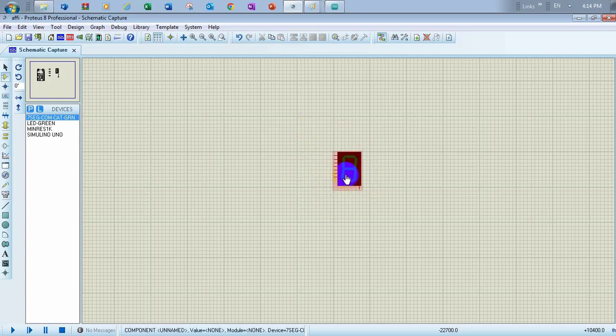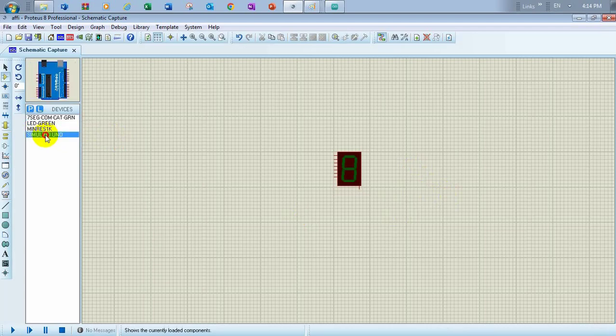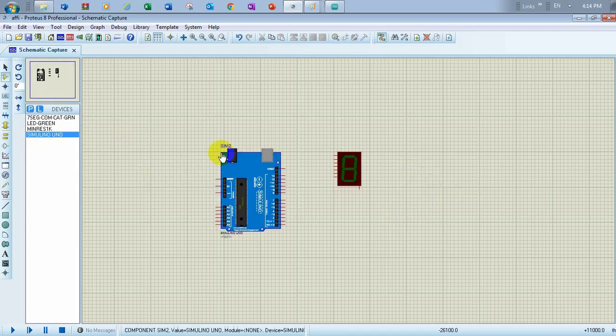Okay, this Arduino is of type Uno, and we do the installation of this component.